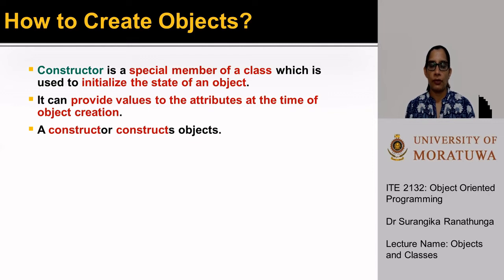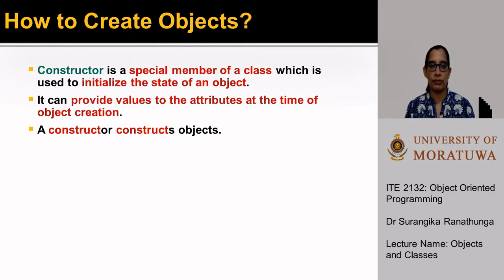So now we have learned about classes. We said that from a class we can create objects. Now in practice, in a Java program or a C# program, how are we actually going to create these objects? To create objects, we use a special member of a class called the constructor. The constructor is used to create the object from that class.